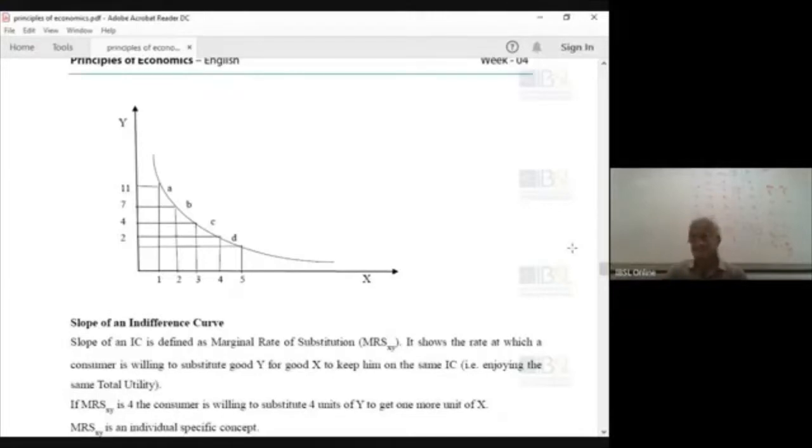What is the reason? The reason is the law of diminishing marginal utility of good X. Because when you are getting more and more X, 1, 2, 3, 4, 5, the marginal utility of the last unit diminishes. Therefore, your willingness diminishes. MRS diminishes. Now, this mathematical observation and theory is very interesting. Most people think economics is maths. No. Economics is a unique subject.